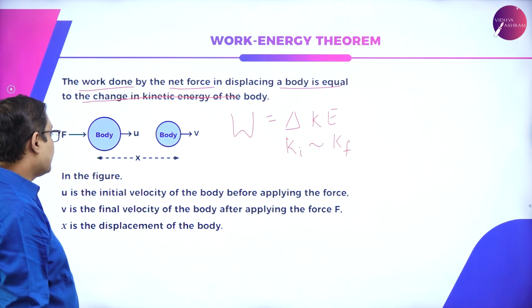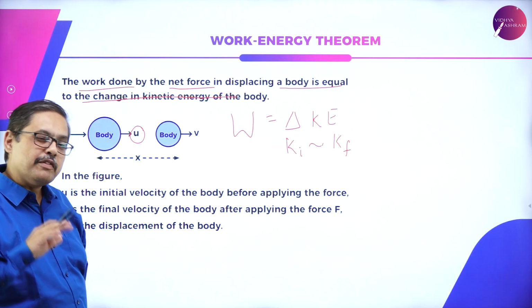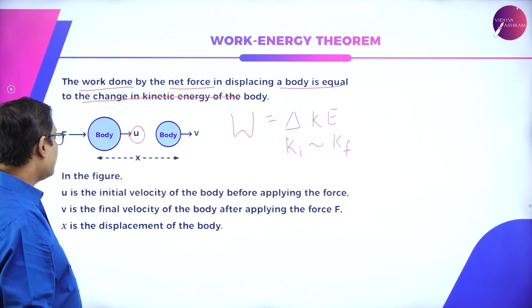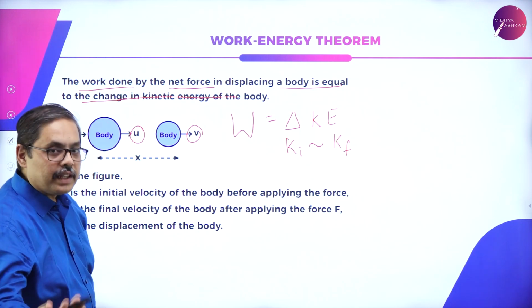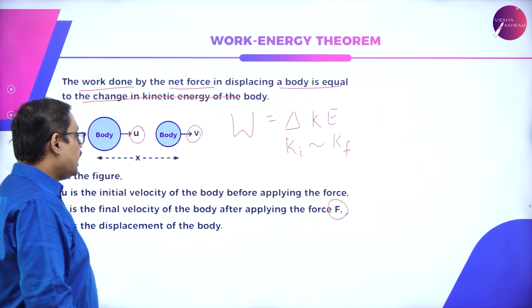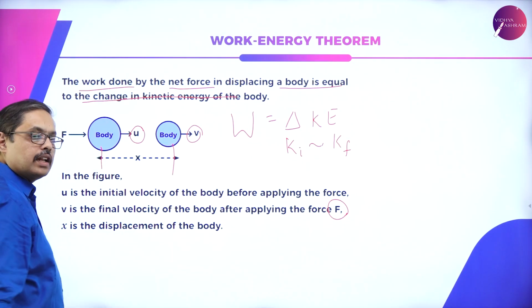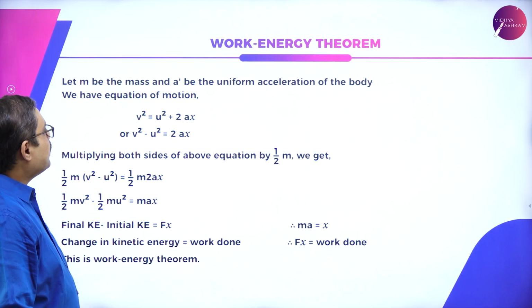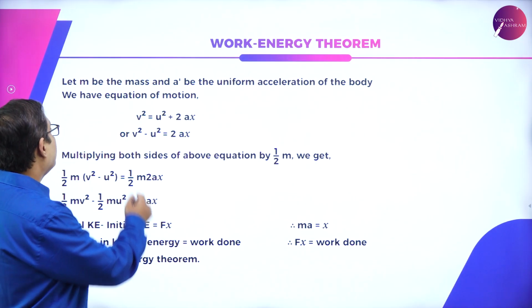Okay. In the figure, let u be the initial velocity of the body before some force is applied. Okay, v be the final velocity of the body after the application of force. Let that force be F. Okay, let x be the displacement from initial position to final position. Let m be the mass and a be the uniform acceleration of the body.